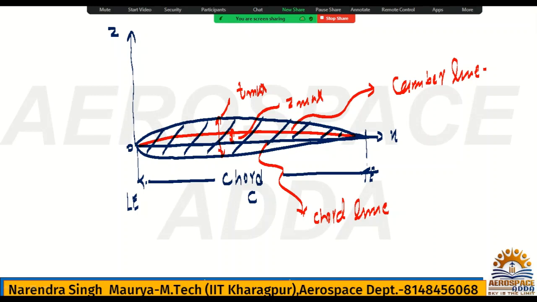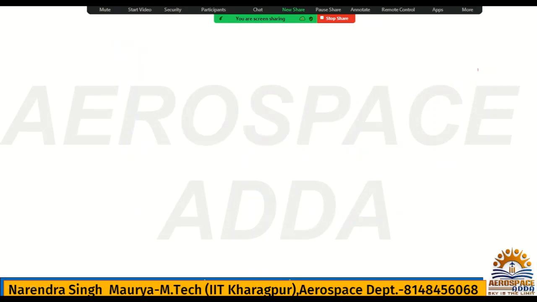I'm talking here about a symmetric airfoil. In the case of a symmetric airfoil, the chord line and camber line may coincide, and then it becomes a symmetric airfoil. For a flat plate also the same concept comes into the picture, because a flat plate is also symmetric.